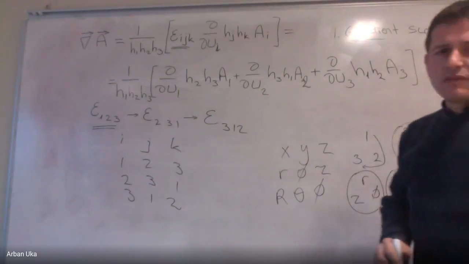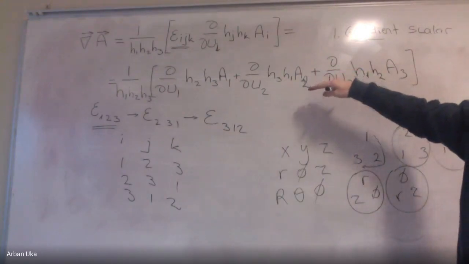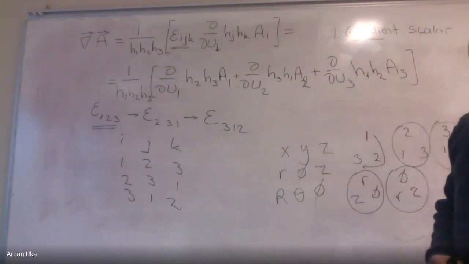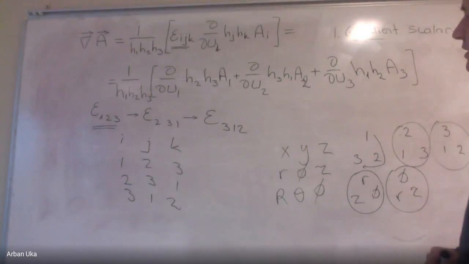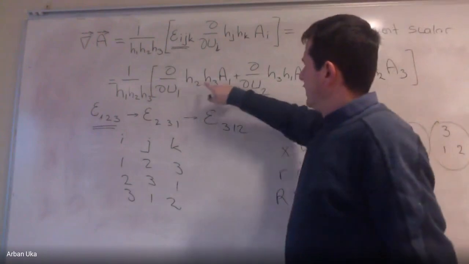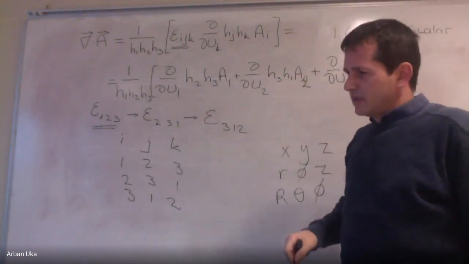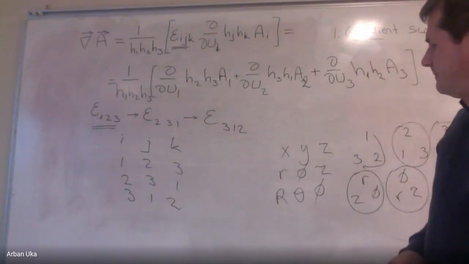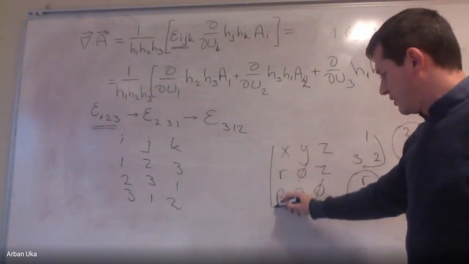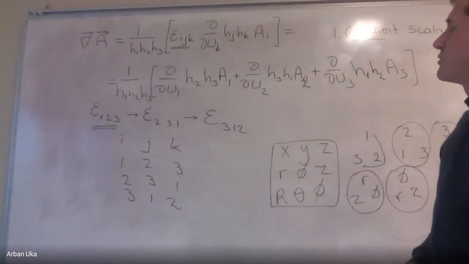Okay, so this is the divergence of a vector field in all three orthogonal coordinate systems. You can substitute here for H1, H2, and H3 the metric terms associated with all these coordinate systems, and you can get the correct expression.